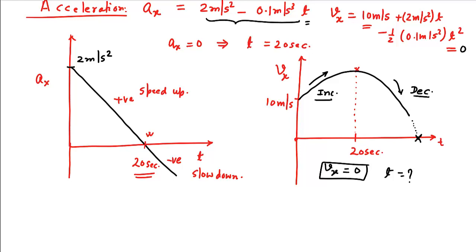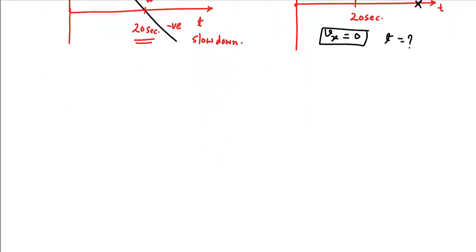So I leave this problem for you. Try to solve this and put the answer in the comment box. Now finally, I can also plot displacement or position as a function of time.